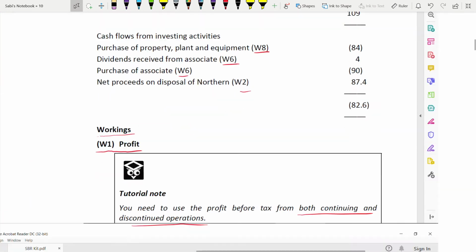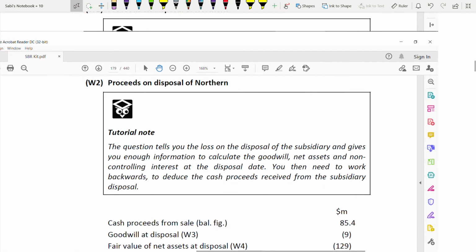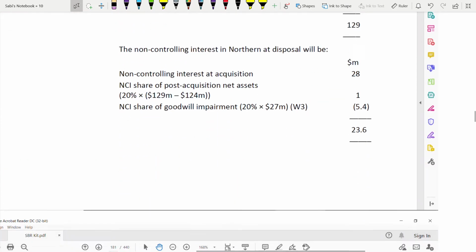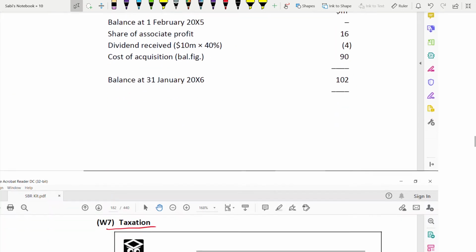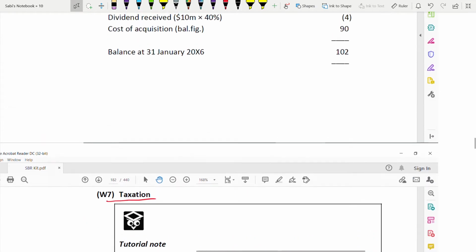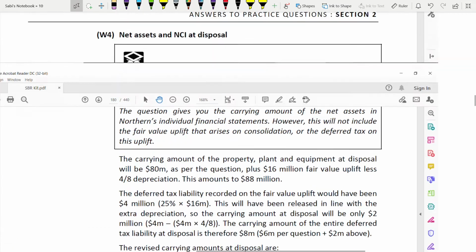So here if you go to working number 7, taxation, now you understood how you got 25% of 4, the remeasurement gain, deferred tax, 1. So everything is done. The only thing is how this 8, deferred tax at disposal, came from working 4. For that we have to go to working 4.